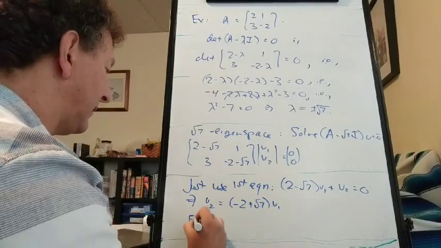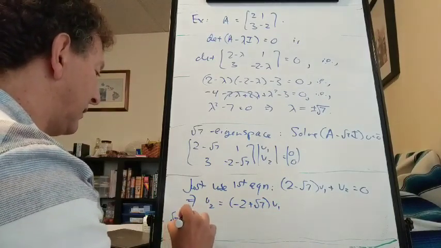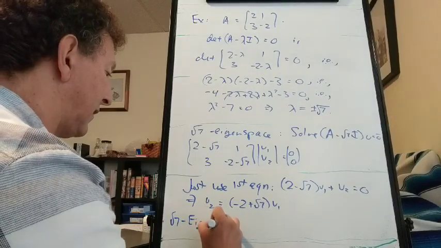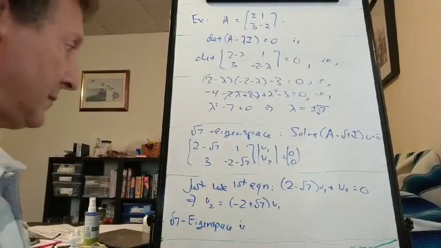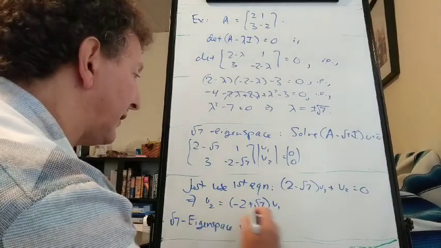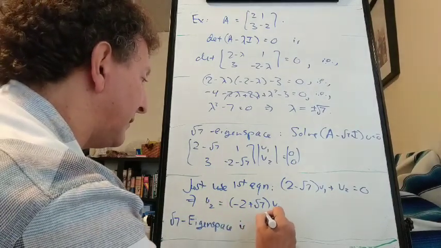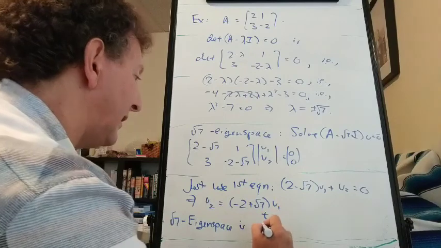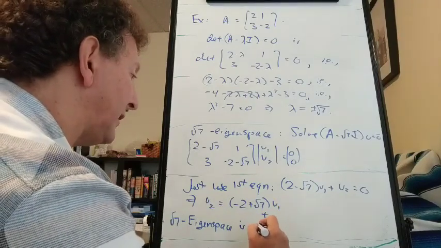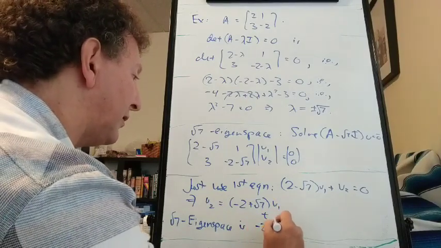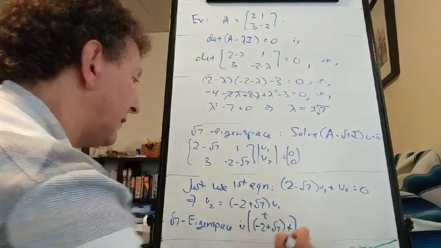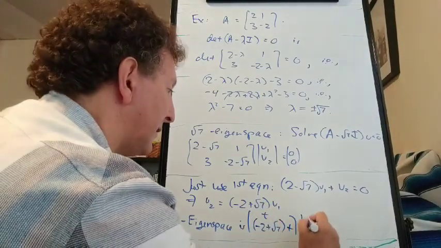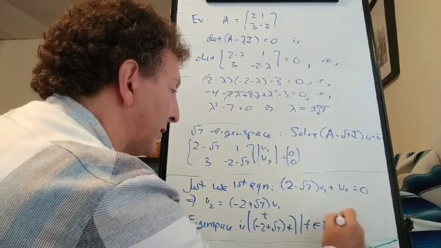So the root 7 eigenspace is, let's see, we can let v1 be t, and then v2 will be negative 2 plus root 7 times t, as t varies over all real numbers.